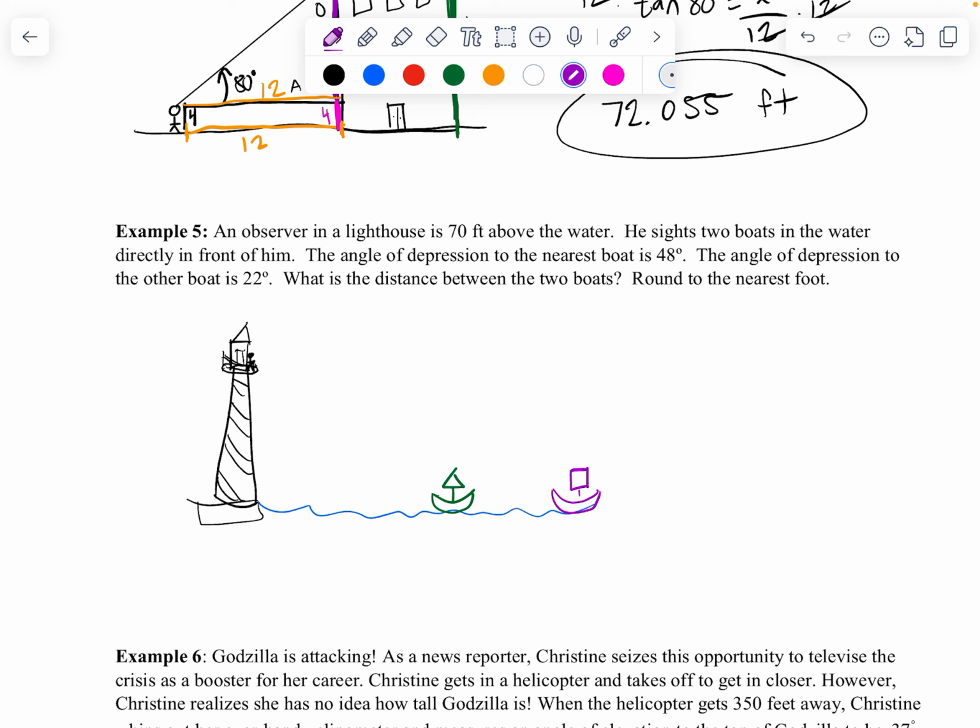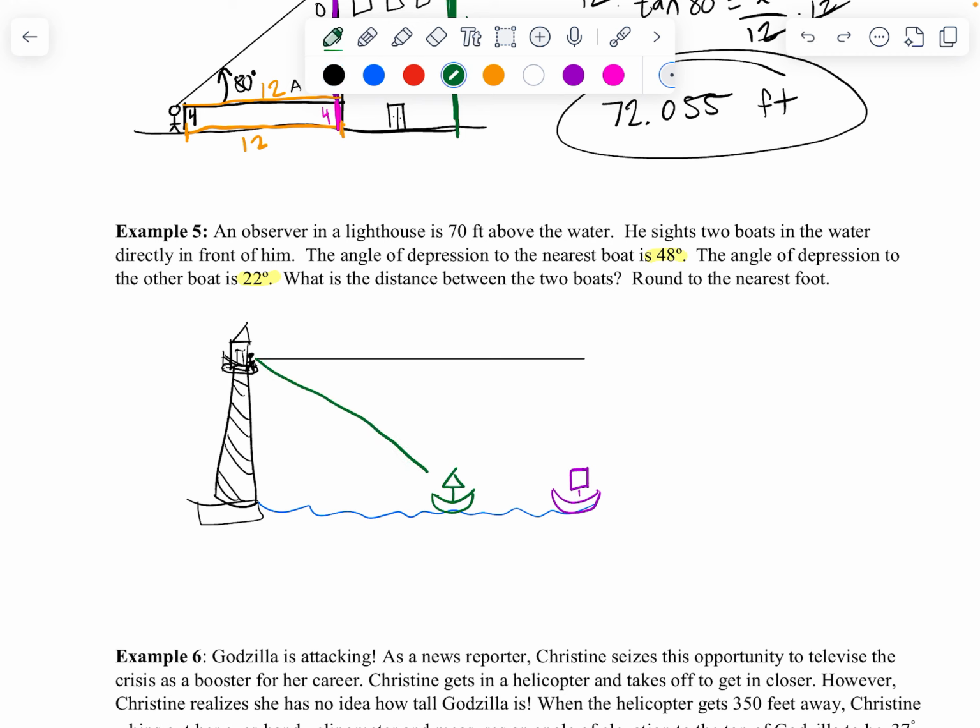So first off, this is going to be really important. We have 2 angles. 2 angles implies 2 triangles. All right. So first off, the person measuring the angle is the person in the lighthouse. That is your horizon. And we have angles of depression, which means they go from horizon down. All right.